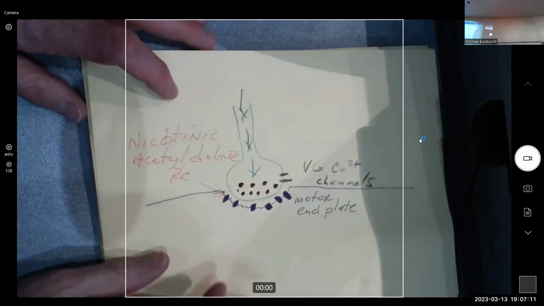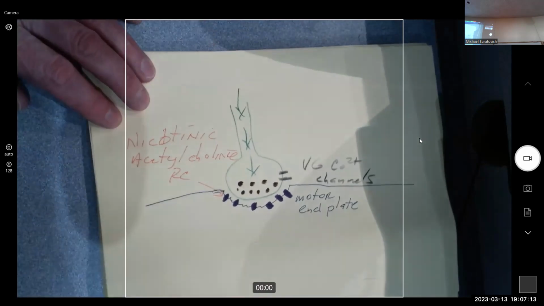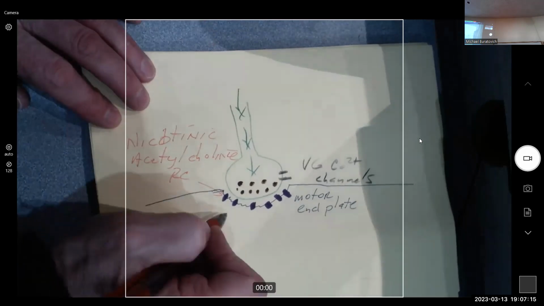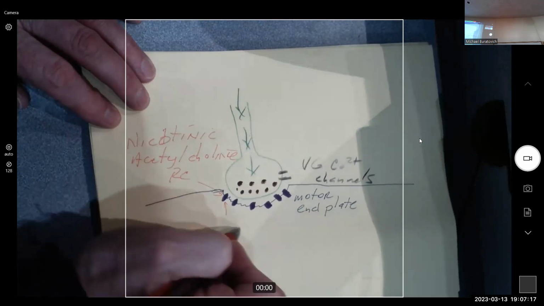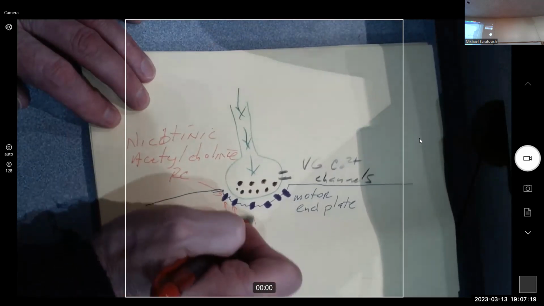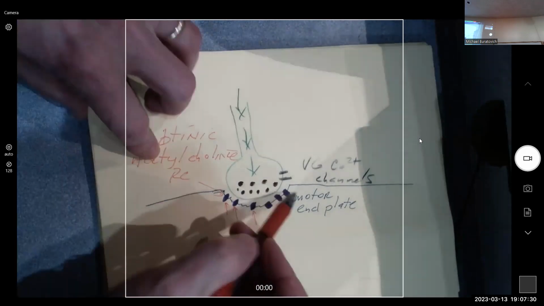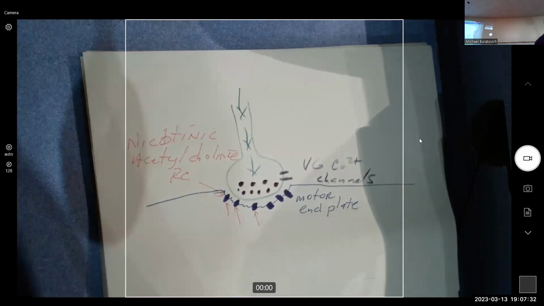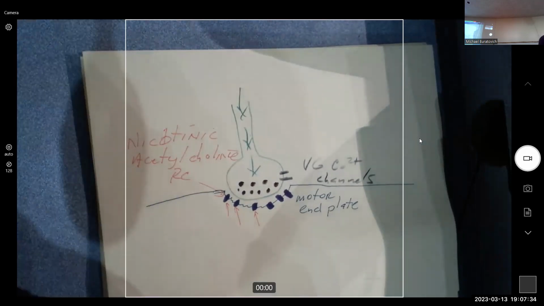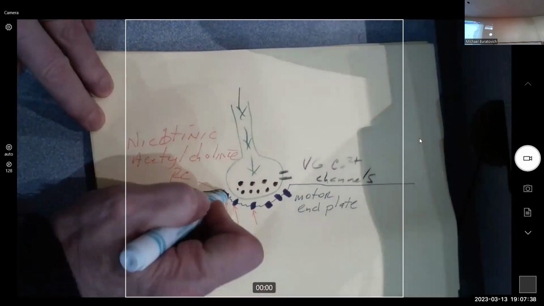And your paralytics are going to work at these receptors. This is what they're going to deal with. So these are ligand-gated channels. The ligand is acetylcholine. They open, they let cations into the cell, and they depolarize locally.